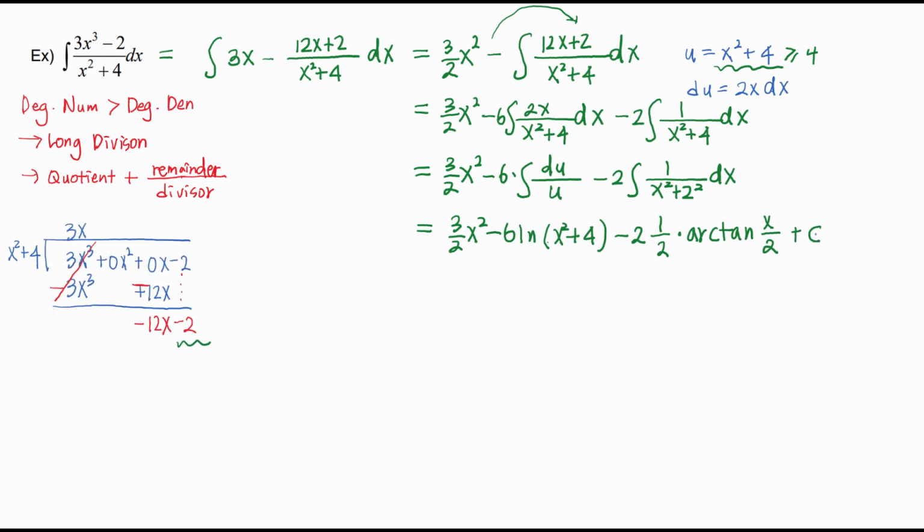So therefore, our final answer is 3 over 2x squared minus 6 ln quantity x squared plus 4. Negative 2 times 1 half, the 2's get canceled. I have a negative arctangent of x over 2 plus c as my final answer to this problem.